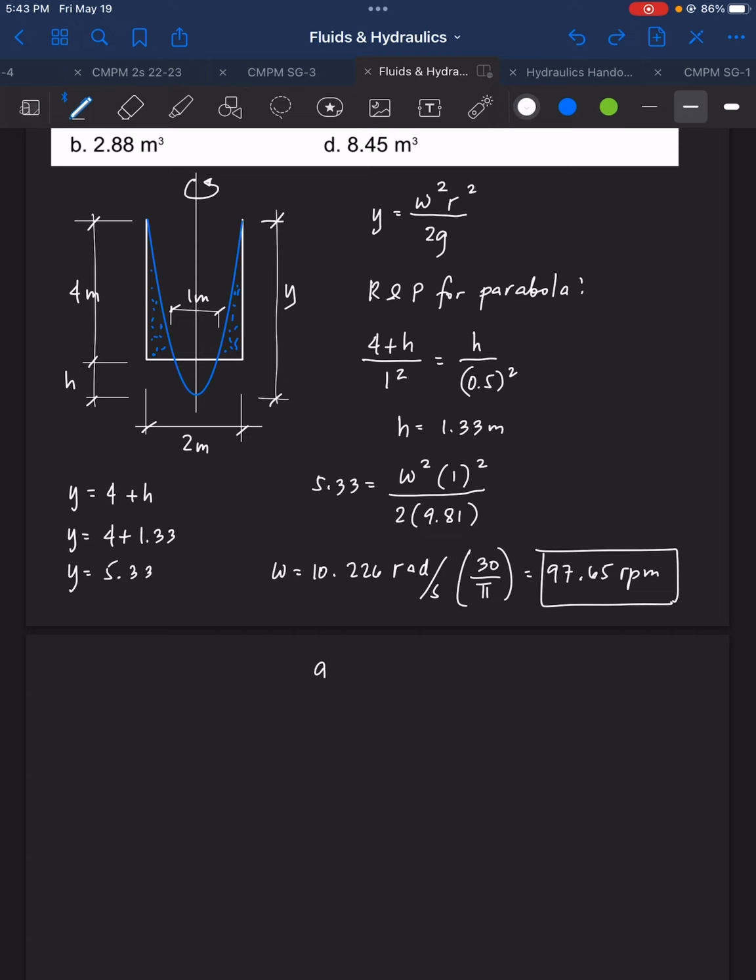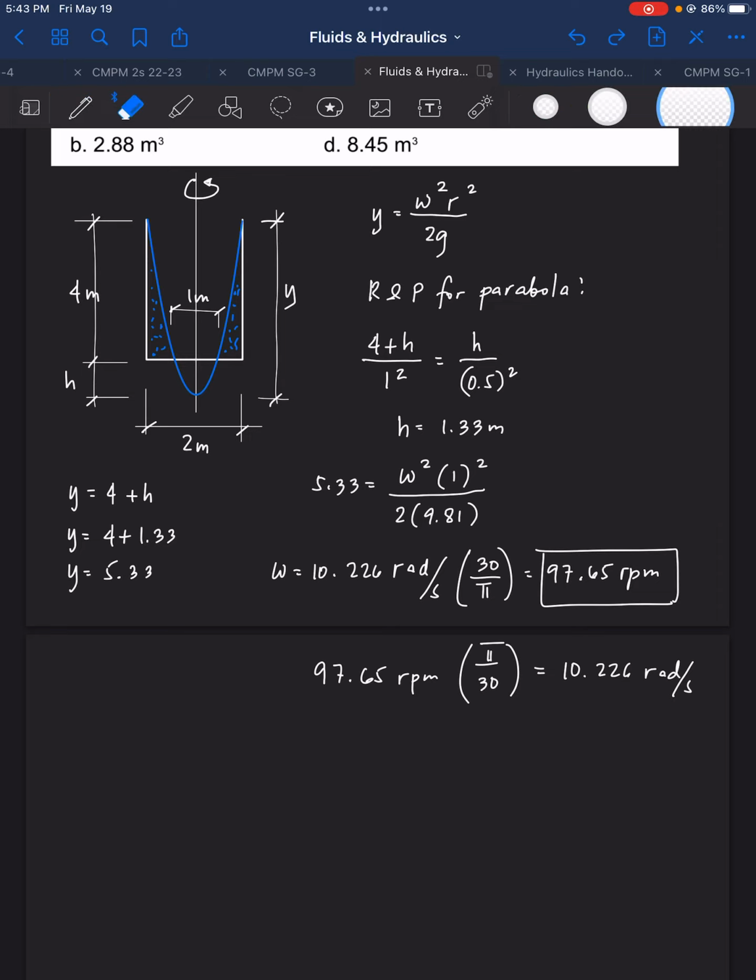Now, if you are converting from RPM to rad per second, you just need to multiply it by pi over 30 to make it smaller, so that the numerical part is smaller than the numerical part for RPM. Okay.